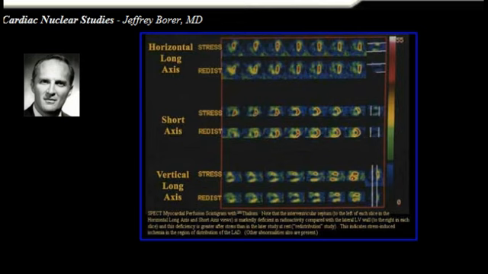The radionuclide-based method that's most commonly employed for this purpose is called radionuclide cineangiography, or radionuclide ventriculography, or blood pool scintigraphy, or radionuclide angiography. They're all the same thing.